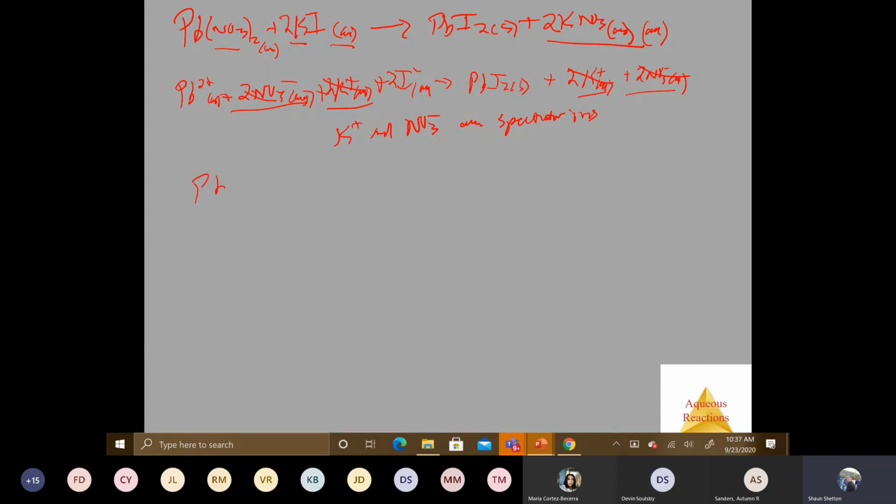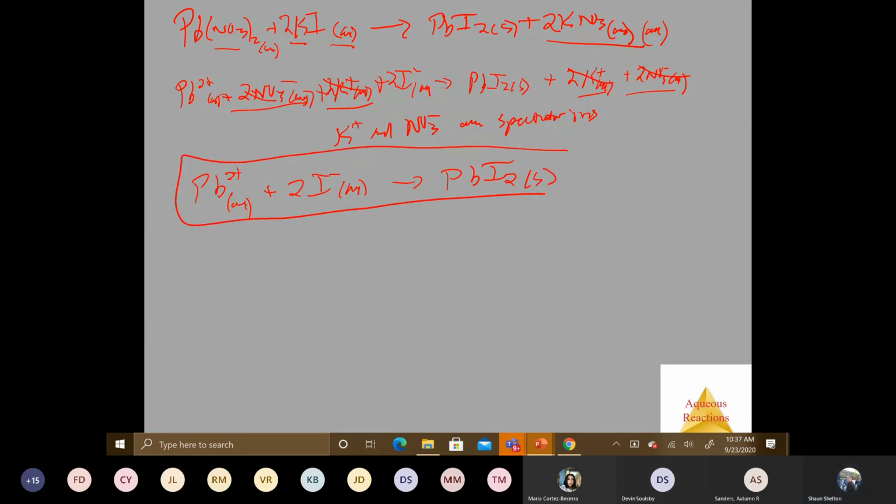So you have Pb2+ plus 2 I-. These are both aqueous, yielding PbI2, which is a solid. So this is your net ionic equation. So we have our spectator ions, and then we have our net ionic equation. That's our goal, to figure out what your spectators are and figure out what your net ionic equation is.